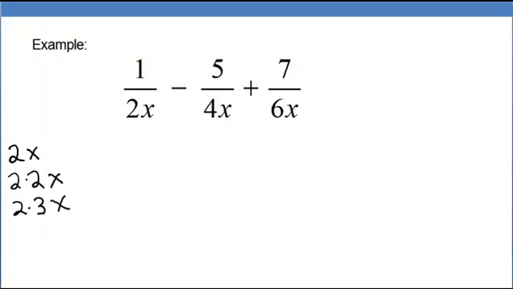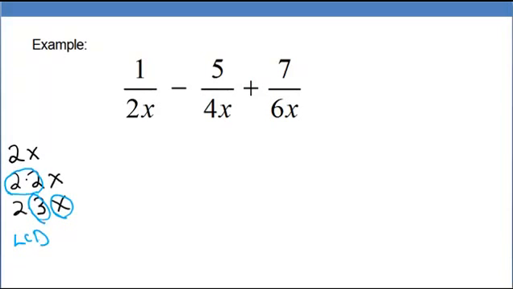And then from those, we will pick each type of factor where it occurs the most, the greatest occurrence. So for the 2's, greatest occurrence is in this middle one, 2 of those. For 3's, in the last one. And the x is the same in all, so it doesn't matter which one you take it from.